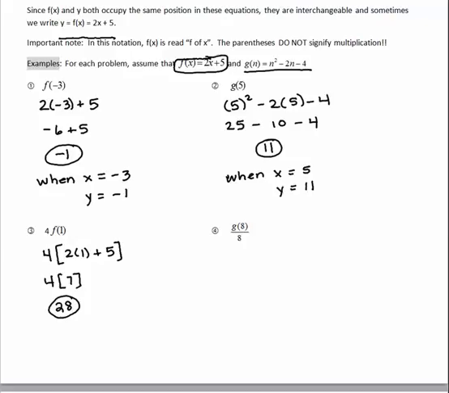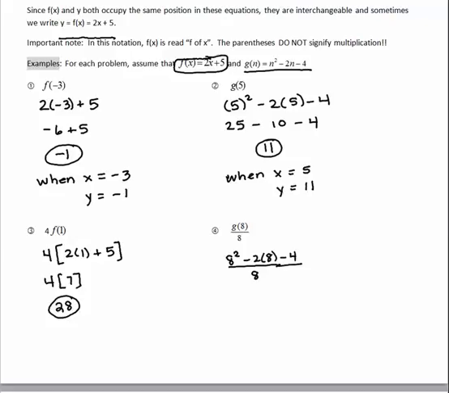Example 4. I want to take g of 8 divided by 8. So once again, I'm going to leave that 8 in the denominator for now. And I'm going to calculate g of 8 first. Plugging 8 in for n, 8 squared minus 2 times 8 minus 4.